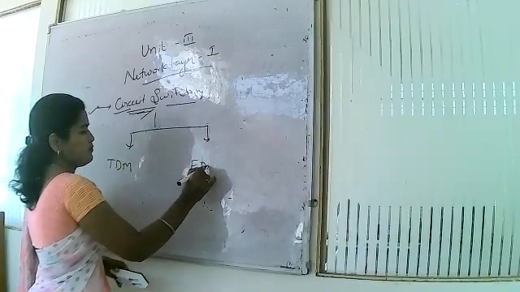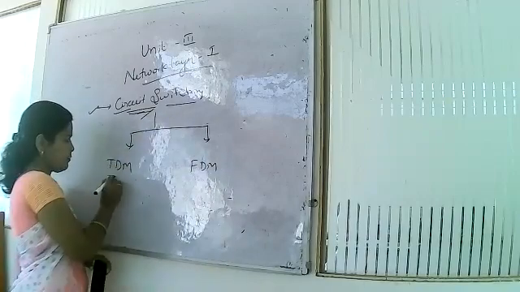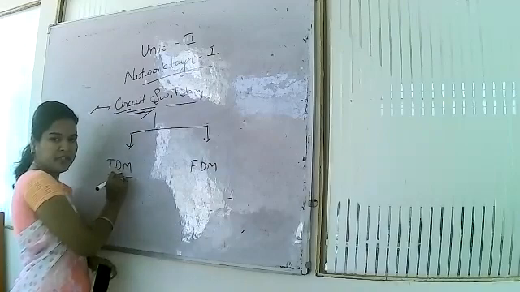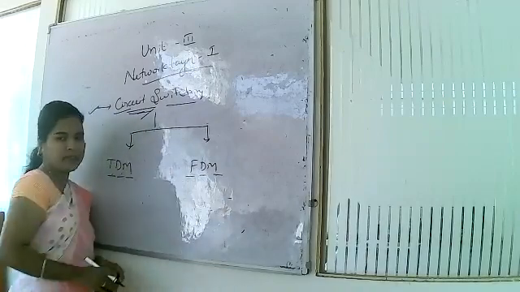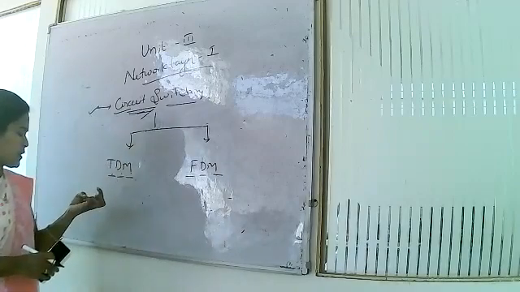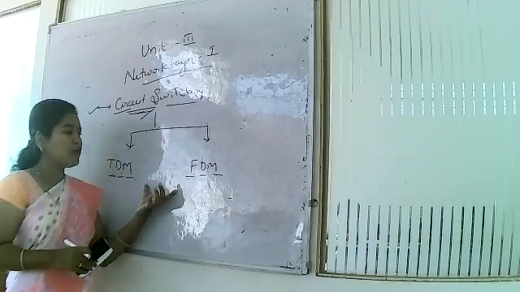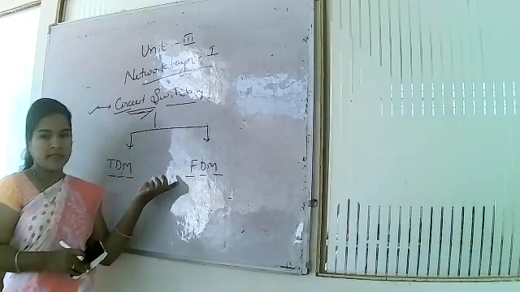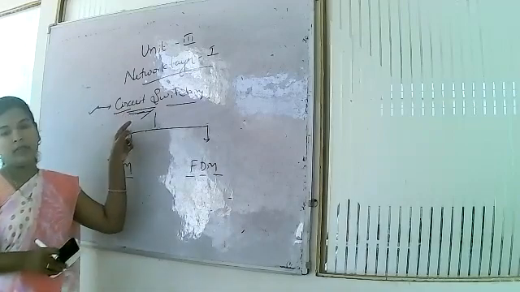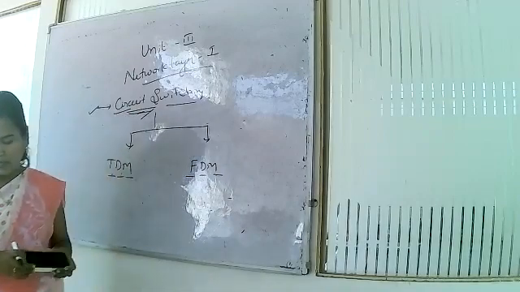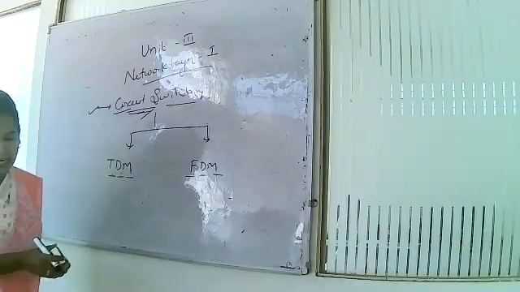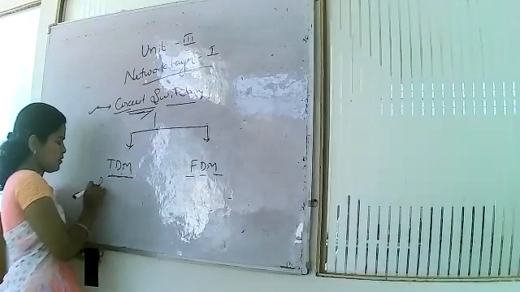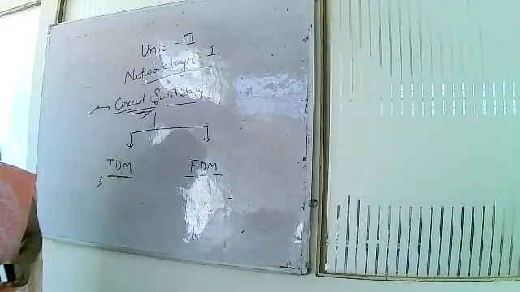Next is FDM, frequency division multiplexing. These are different formats for sending the data in circuit switching. So first we'll start with time division multiplexing. It is a simple thing.